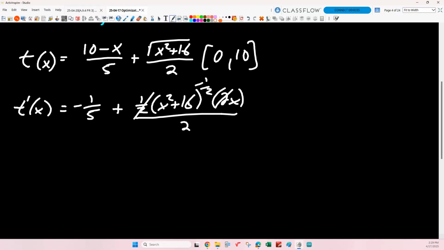That 2 and that 1/2 just cancel. So it'd be x over 2 square root of x squared plus 16. Yeah, good. So I get negative 1/5 plus, I've got an x on the top. On the bottom I have a 2, and that square root goes to the bottom.